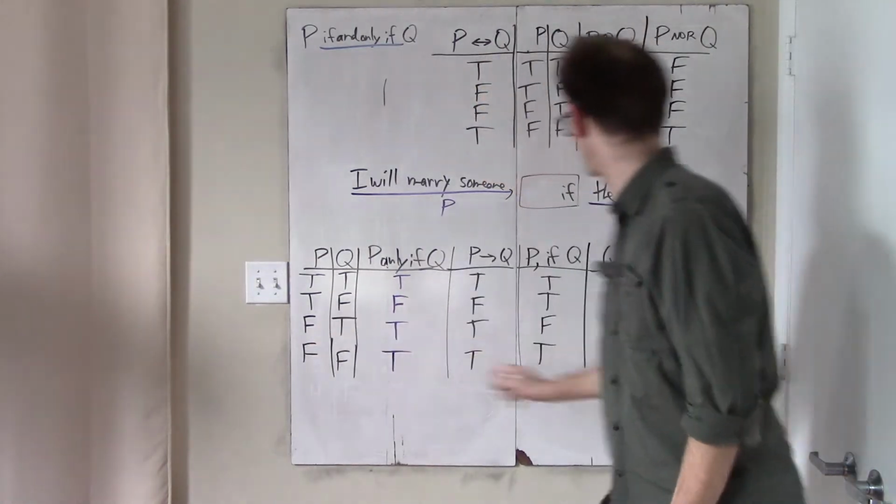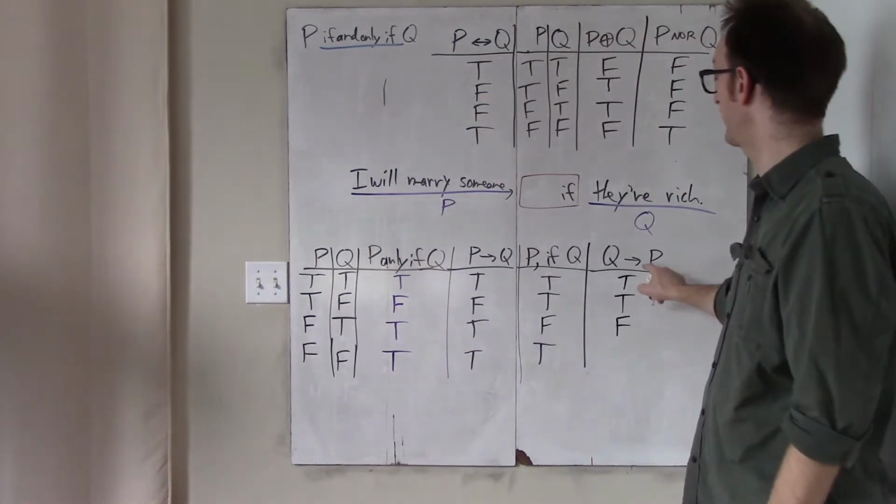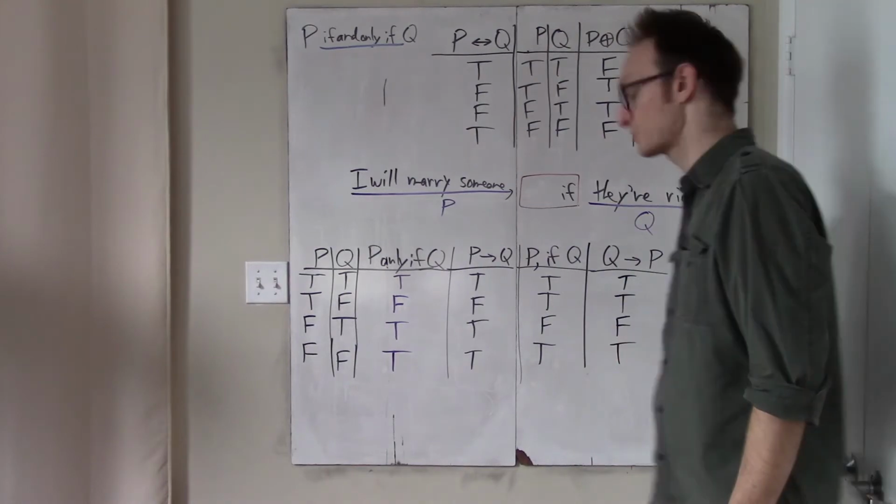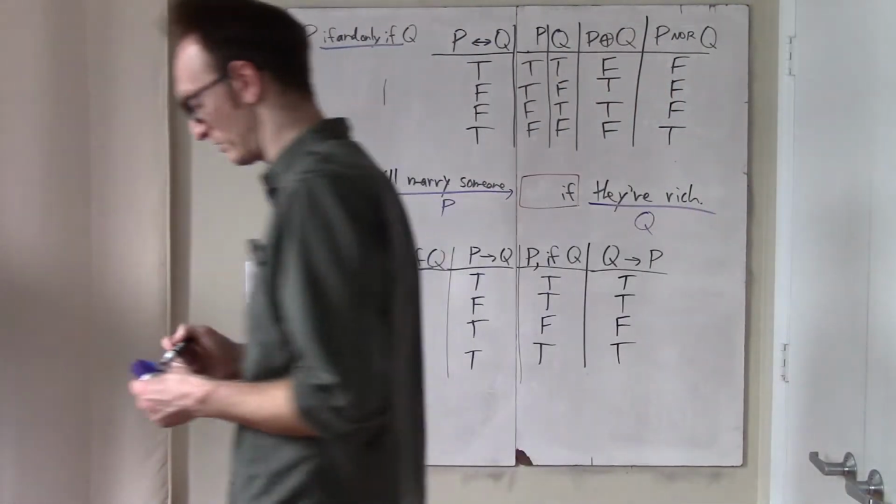True arrow false is the only way to make the Q arrow P conditional false, and false arrow false is true, assuming the conditional is true.